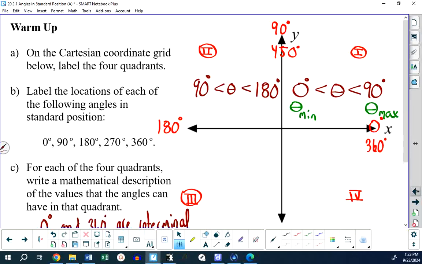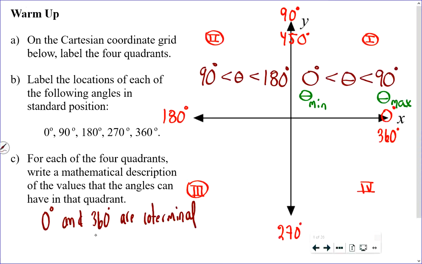Always less than, less than. In this quadrant, it goes from 180 to 270. So we can write 180 degrees is less than theta, which is less than 270 degrees. And then finally, in this quadrant, we would say 270 degrees is less than theta, which is less than 360 degrees.